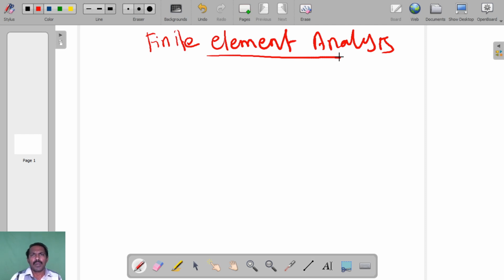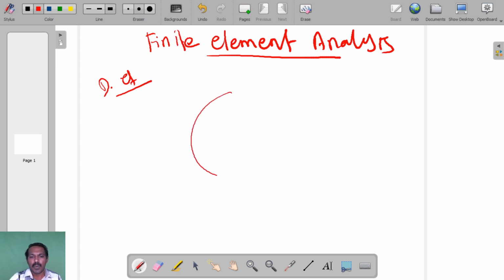First, the definition of finite element: finite element analysis is a numerical method for solving engineering applications, in which we analyze real life problems.